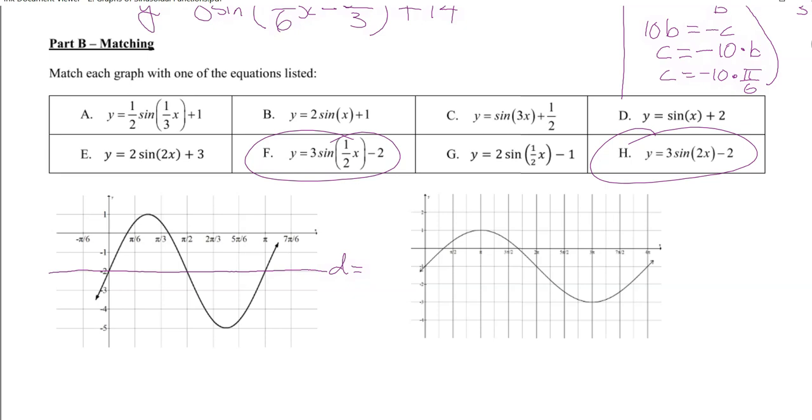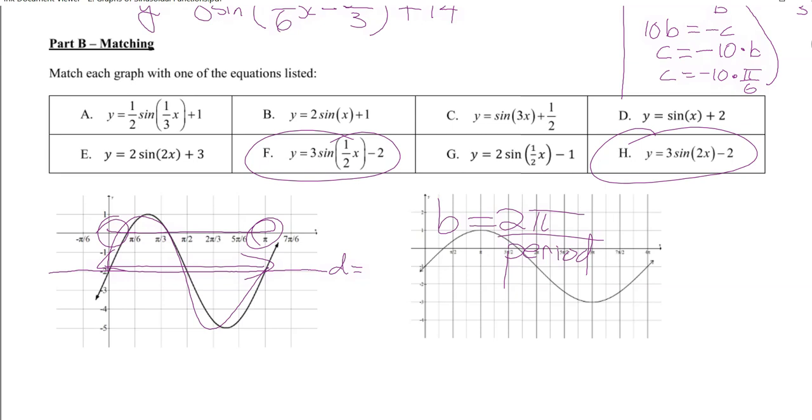So what's the difference between the two of them? The B value. What do we use B to get? Period. So we say B is 2 pi divided by the period. Okay, what's the period of this graph? Here to here. What's the period? Pi.